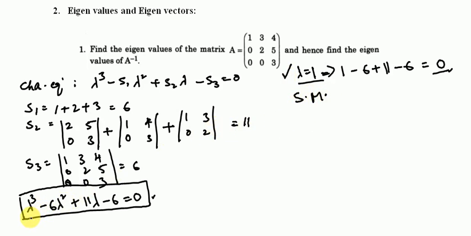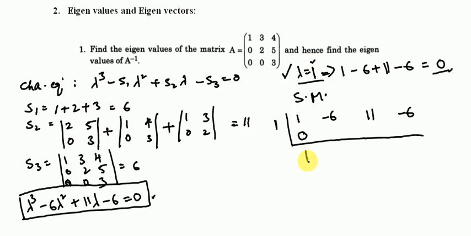For this method we consider the coefficients of lambda, that is 1, minus 6, 11, minus 6. We take the first root 1 here, and for the first term we put 0 and add these two. 1 plus 0 is 1.